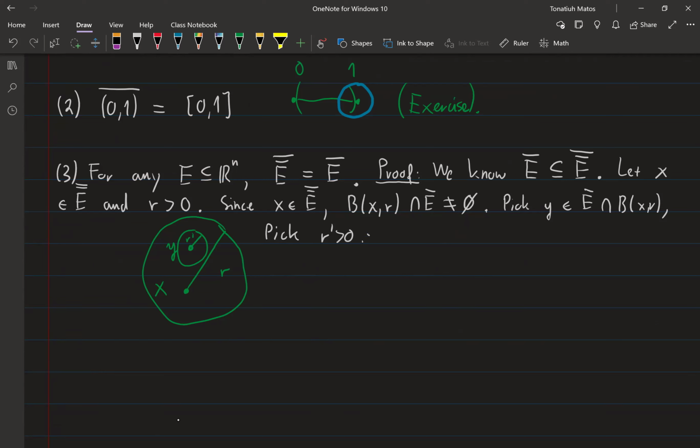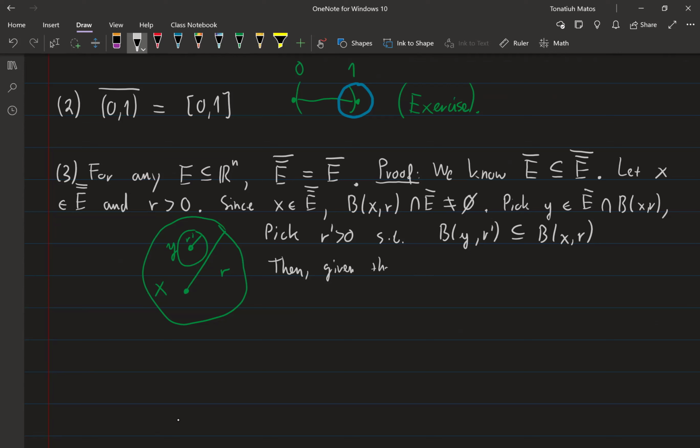Well, you would have to measure the distance between X and Y, and then make sure that this radius still fits inside. But I think it won't really add anything to the proof if I give you more information on how to pick this R prime, right? Such that the ball centered around Y of R prime is small enough that it will snugly fit inside our original ball, right?